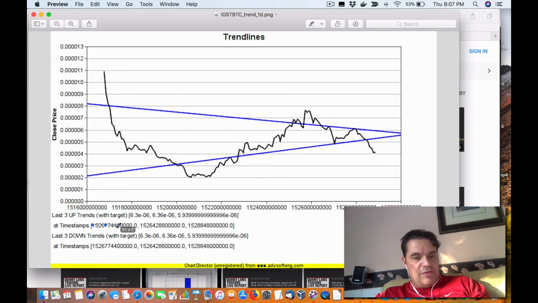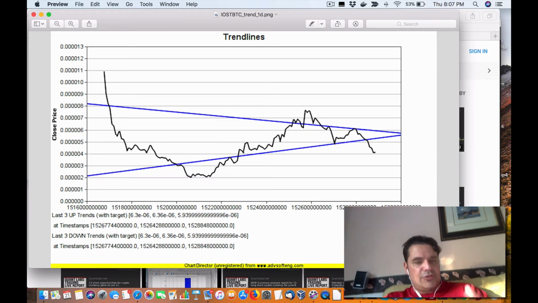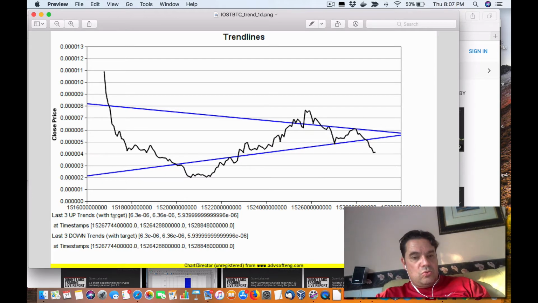So as I said, the idea here is, mathematically speaking, I'm able to track these price points, these two, in this look back of 30 days, for the uptrend. The first 2 peaks were these two right here, 6.3 and 6.36.